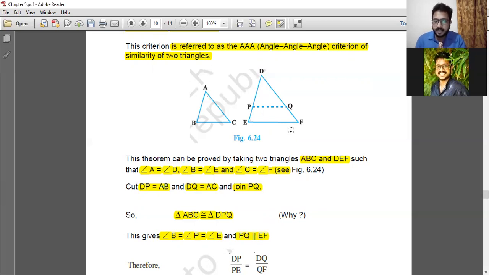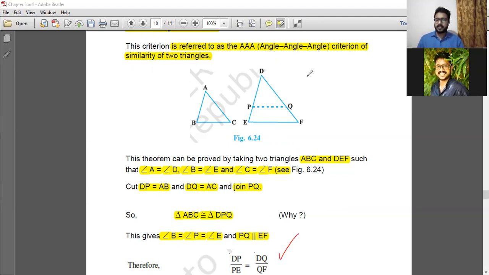So what all things have we seen? The line PQ is parallel to EF, and angle B is equal to angle P, which is equal to angle E. Therefore, since this is a parallel line, again we can apply our earlier studied theorems. The ratios of the sides should be equal. So we can write DP by PE is equal to DQ by QF. Clear?